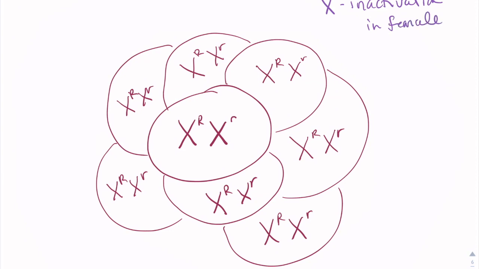It's only in females. X-inactivation in females. There is something about having two X chromosomes that makes all these cells go, ooh, we only need one copy of an X chromosome to be okay.